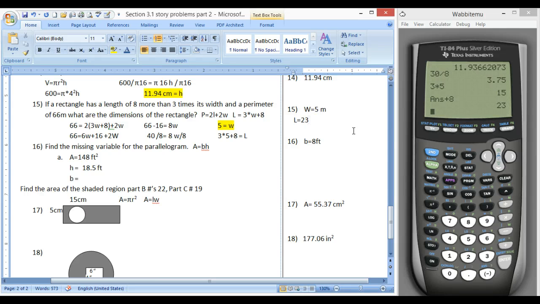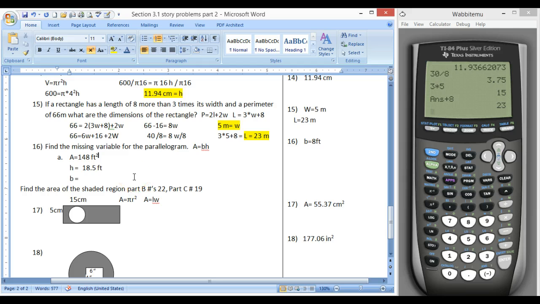And I need to give myself the units. This was given to me in meters, and so I'm going to put meters on my answer. And I'm going to put this over here because I'm running out of room. And there we go. We now have the dimensions for the length and the width.